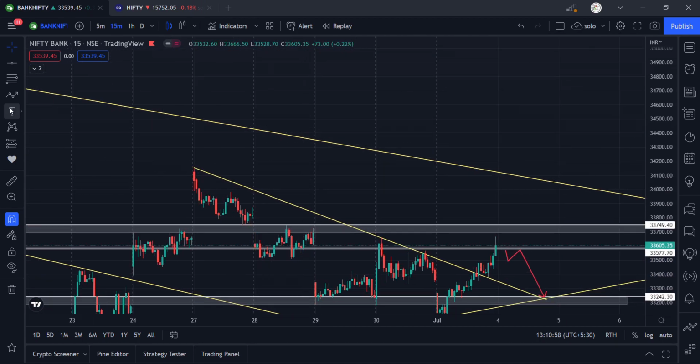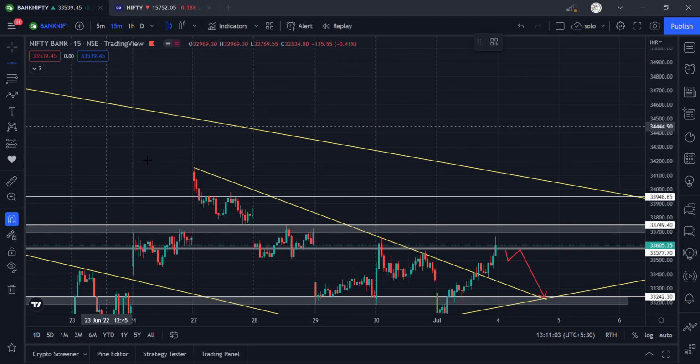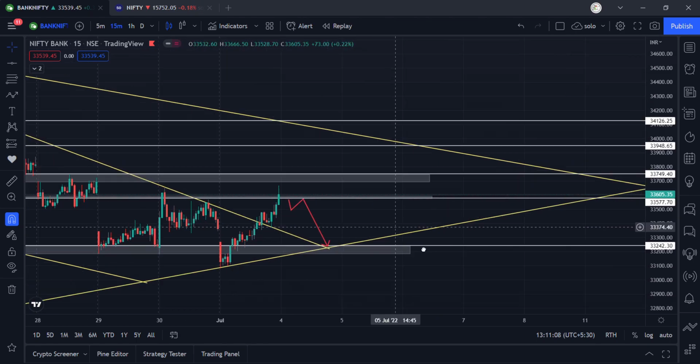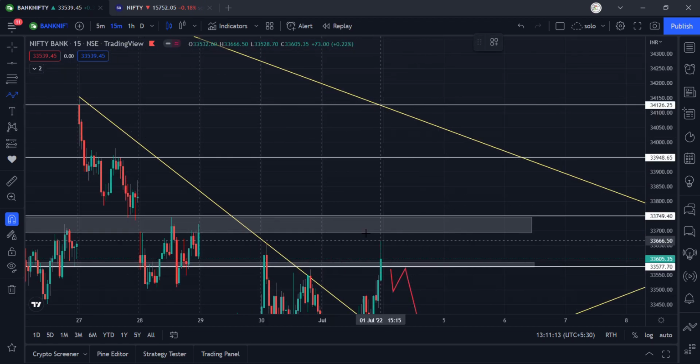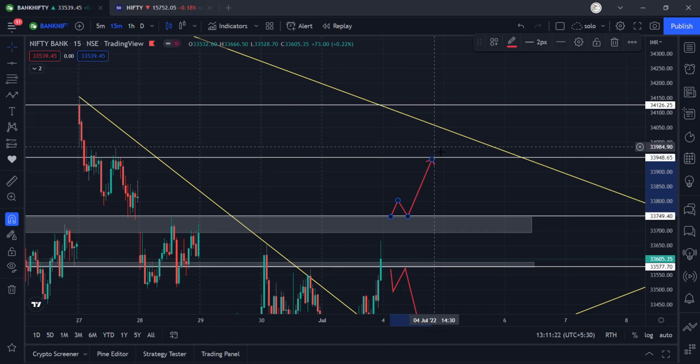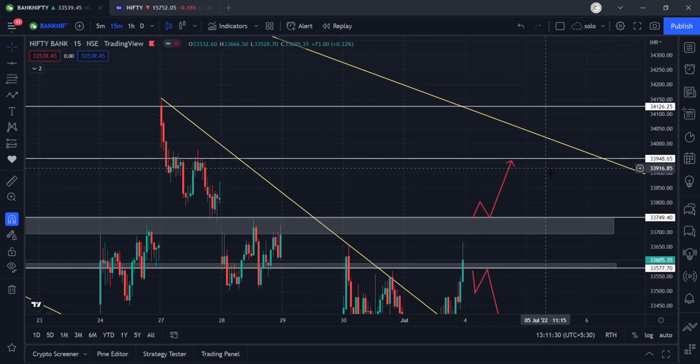And your targets for the bullish side: this will be your target one, and this will be your final target. Got my point? If the market breaks this 33,749, then your entry should be at 33,749 to target one of 33,948.